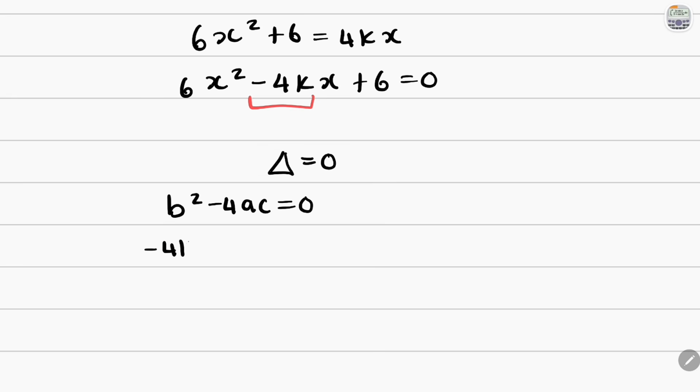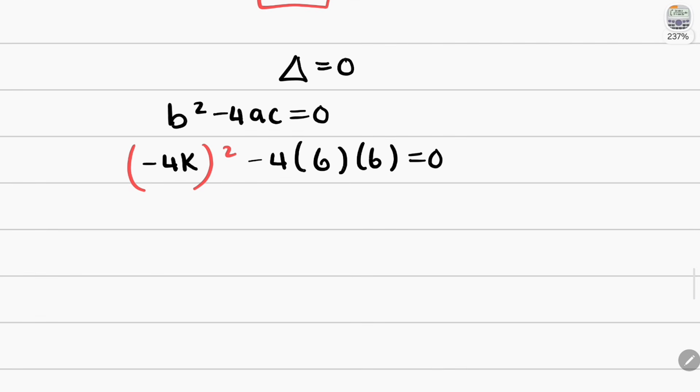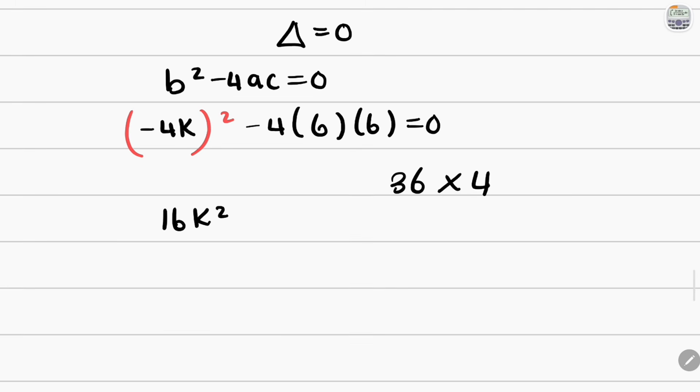So we'll say negative 4k all squared minus 4 times a, which is 6, times 6, and then this is equal to 0. Okay, and we're just solving for k here. So that is just going to be positive 16k squared. And if we multiply 6 times 6 is 36 times 4, so that's 72 times 2, which is 144. Okay, so negative 144 is equal to 0.